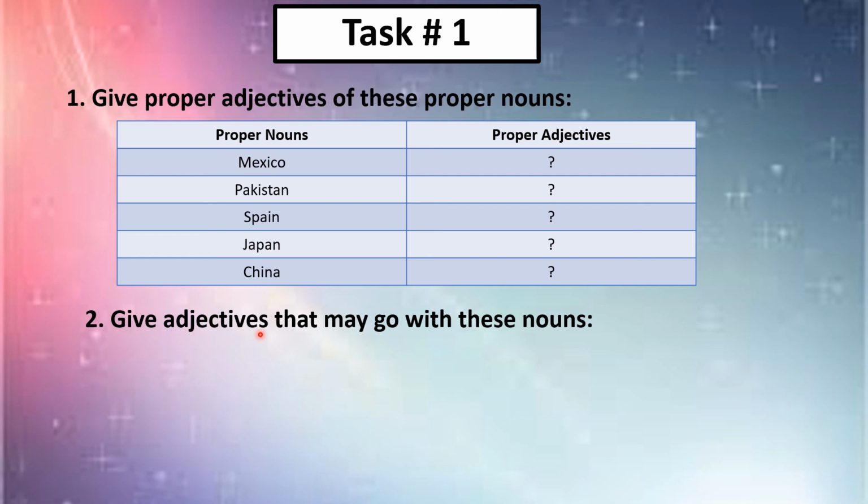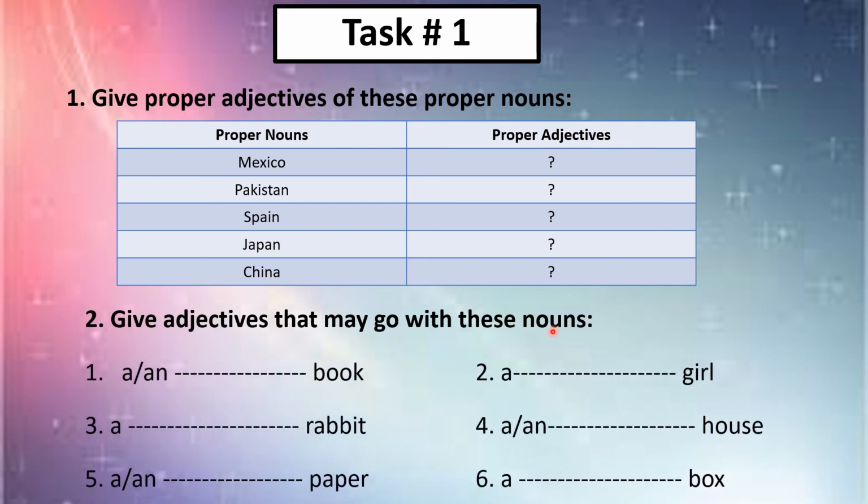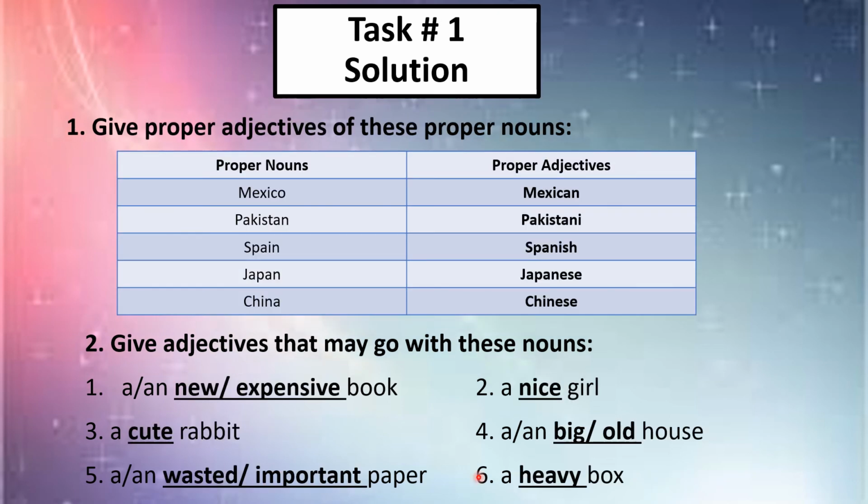And give adjectives that may go with these nouns. This is your question number 2 from task 1. And these are 6 in number. After you have done your work, you may match your answers from this solution which is provided for your convenience.